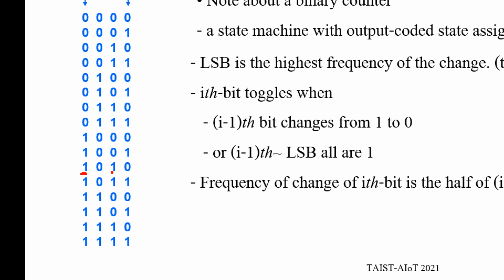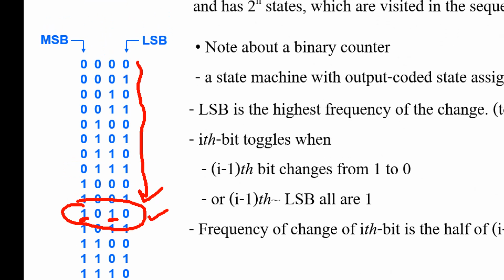When you count up from 0, 0, the first state where the MSB is 1 and the next bit is 1 is the state 1, 0, 1, 0. Then if this condition becomes true, it goes back to 0, 0, 0, 0 by using clear, to reset all flip-flop outputs.